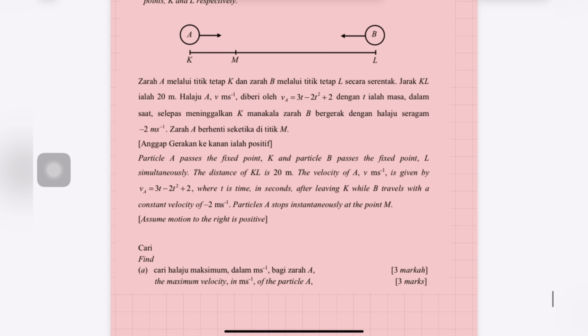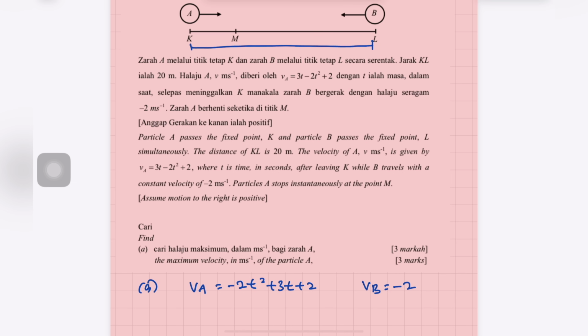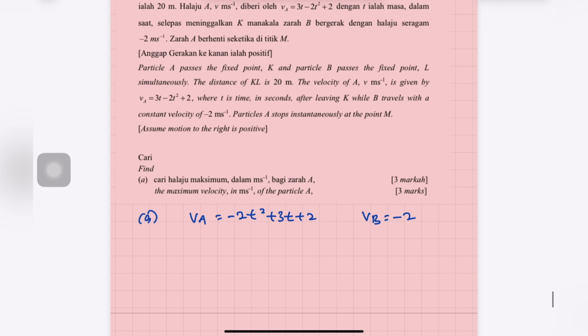Question A. Find the maximum velocity in meter per second of particle A. Okay, from the information given, VA equals negative 2t squared plus 3t plus 2, and VB equals negative 2, constant. The distance is 20. To find the maximum velocity, we need the acceleration of particle A. To find acceleration from velocity, we differentiate.